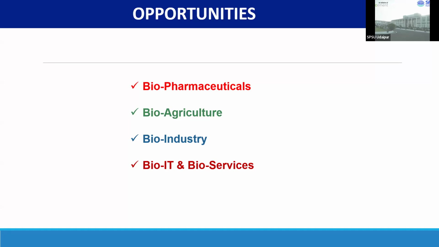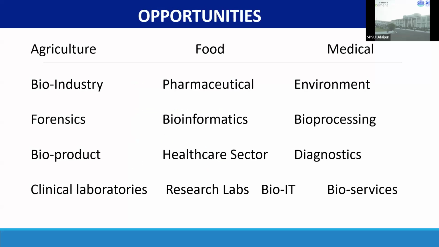And there would be several regulatory things which are required for the biotechnology, where it will come as bioservices, to support the research. So there are more than 200 companies, even more in India itself, which are working in the area of biotechnology, and they are producing the products.